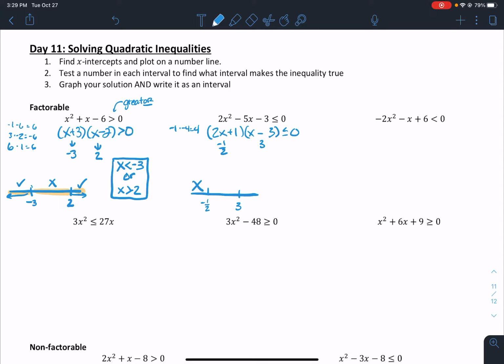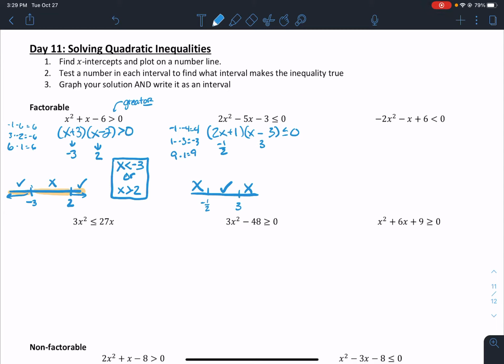All right, and then in the middle, let's test 0. So that would be 1 times -3, which is -3, which is less than or equal to 0. And then greater than 3, so let's use 4. That'd be 9 times 1 is 9, so it does not work over here either.